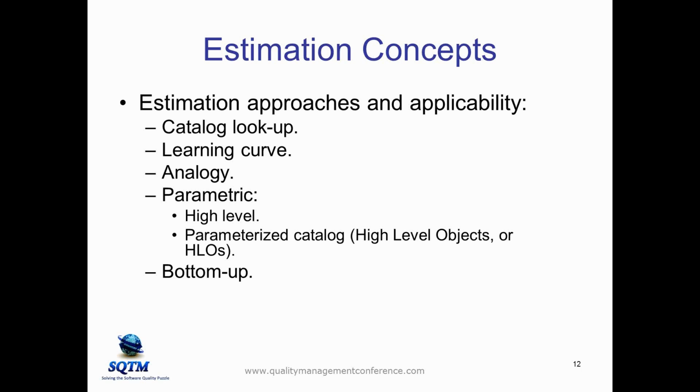A relatively well-known, famous example of a high-level object catalog is function points. So in function points, we have external inputs, external outputs, internal logical files, external interface files, etc. There's 5 different types of elements in the high-level object catalog, and there's an equivalency assigned to each of those, which allows you to calculate out the function points.